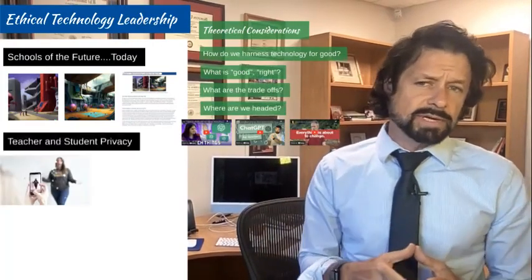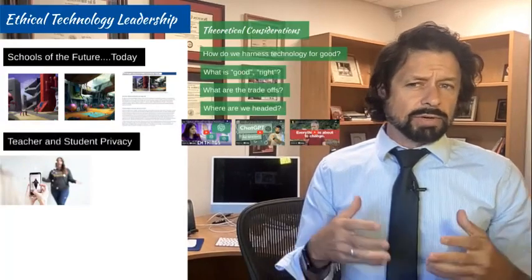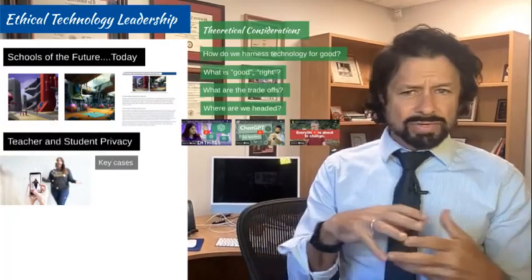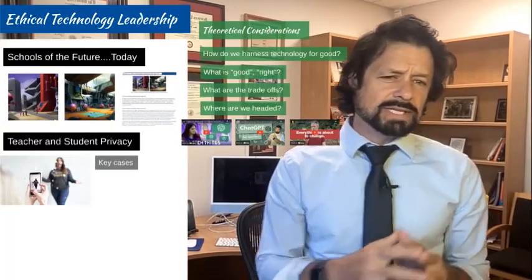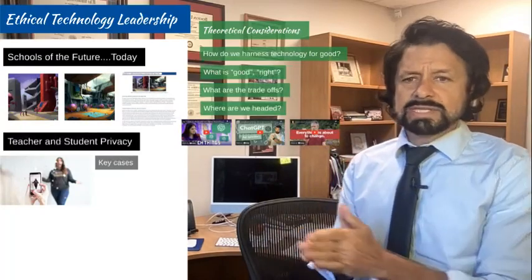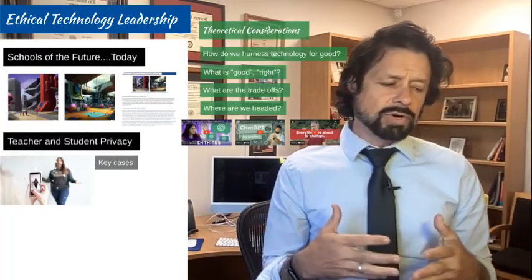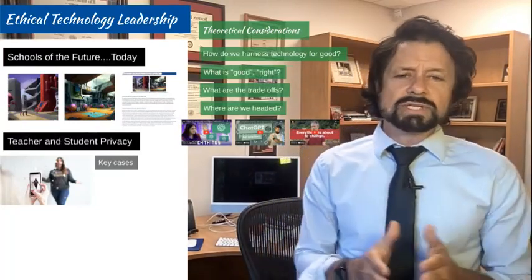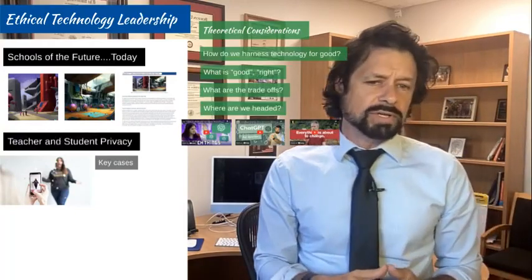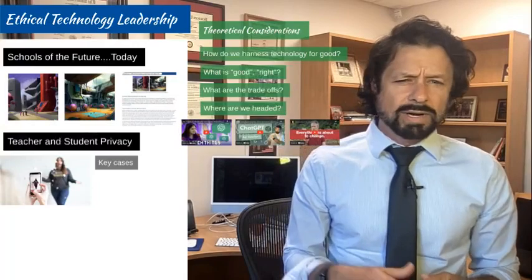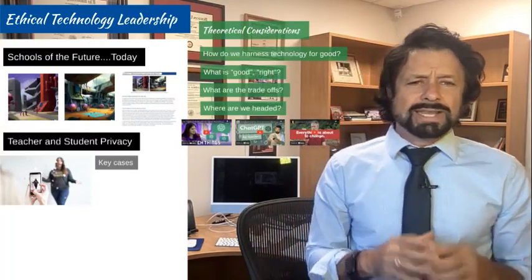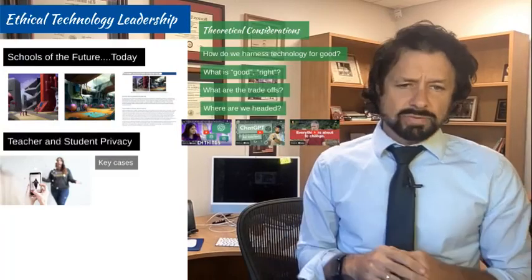A couple of other pieces in our module revolve around teacher and student privacy, and this very much is interrelated with that. A couple of key cases that I want you to think about. Let's talk about teacher privacy first. What happens when a teacher, or maybe another employee, but certainly a teacher, is doing something, or maybe disses students online or does something inappropriate that affects their work in the classroom?